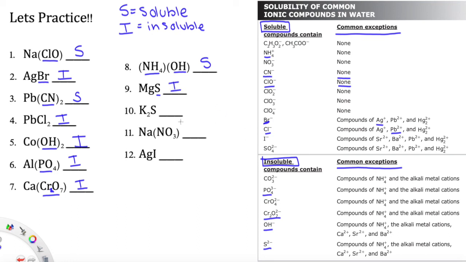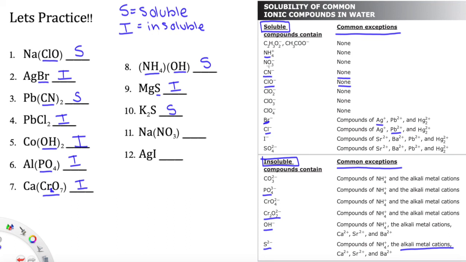Okay, now let's talk about number 10, potassium sulfide. So again, we're looking at this sulfide ion down here, and potassium is an alkali metal. So the exception here that's being met is that we have an alkali metal cation. And so now this compound will be soluble because we started off thinking insoluble, but it met an exception, so now it's soluble.